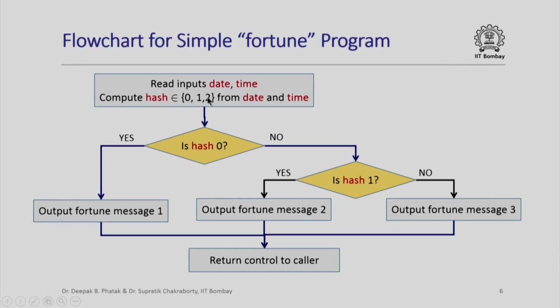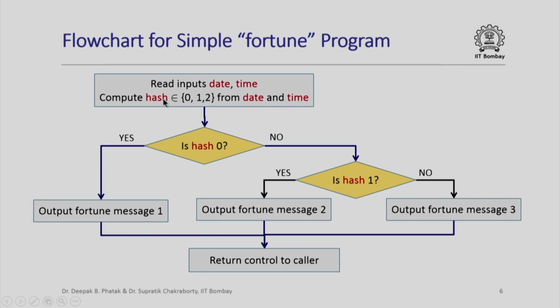So clearly this is a many to one function, and we are going to look at hash functions in more detail later in the course, but for the time being let us just assume that this is just a function of date and time which takes on values in the set 0, 1, 2.